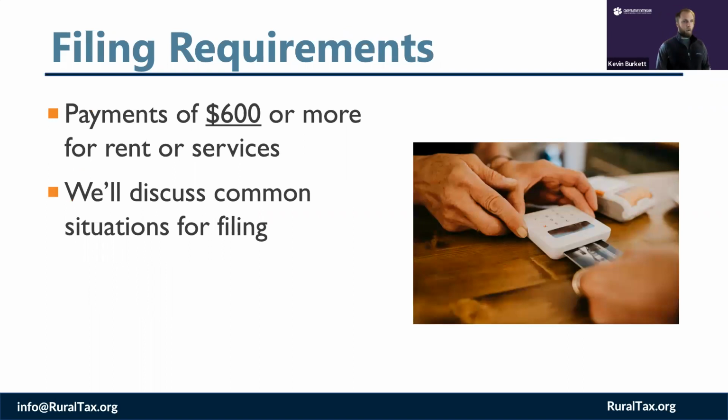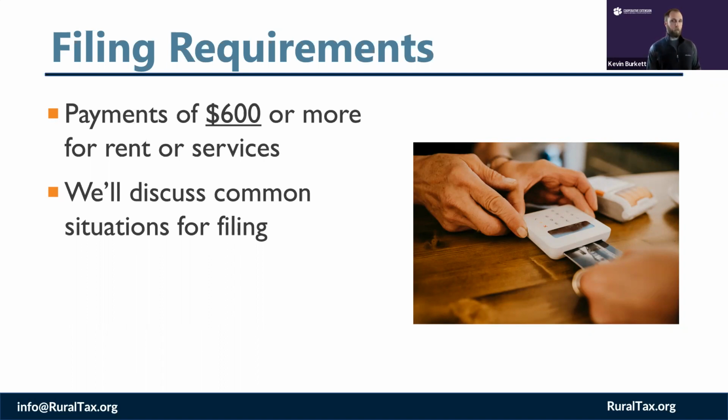And again, we're approaching this from a farm business management perspective. Some of the other forms have thresholds that are a little bit different, like interest and dividends, where it's if it exceeds $10, but we're primarily focused on the 1099 miscellaneous and the 1099 NEC. So when we have payments of $600 or more for rents or services, that's when we have this filing requirement for a 1099.